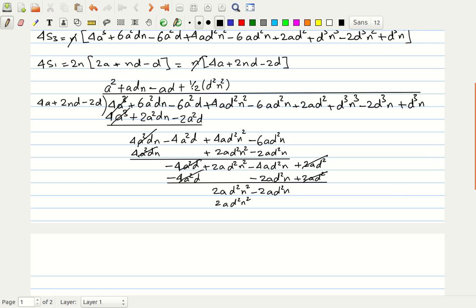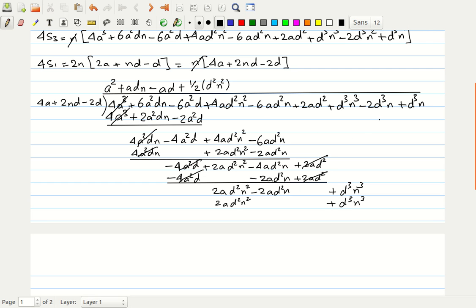Then you have half times 2 is 1, n cube d square, no, n cube d cube, n cube d cube is here, right. So we get plus d cube n cube, which is also here, so we bring this down, plus d cube n cube, and this is minus 1 d cube n square.